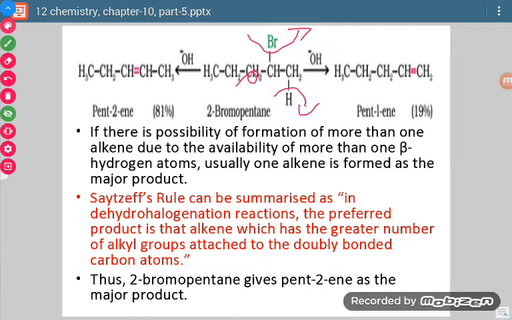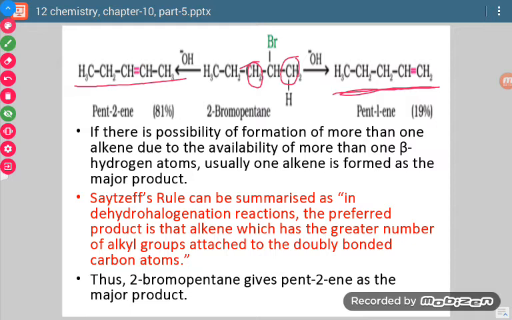If the group which comes out is from this carbon, then this type of alkene will be formed, and if the group comes out from this particular beta carbon, then alkene formed will be this. Now the question arises, out of these two alkenes, which will be the major product and which will be the minor product? Major product will be that alkene which is maximum alkylated.